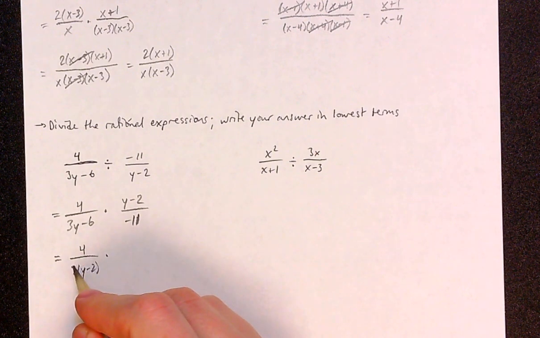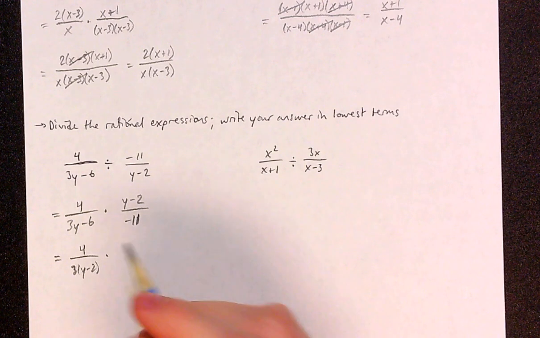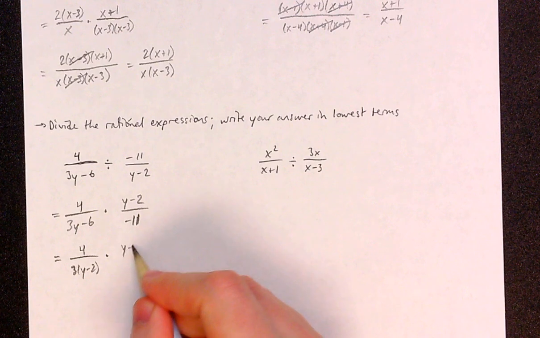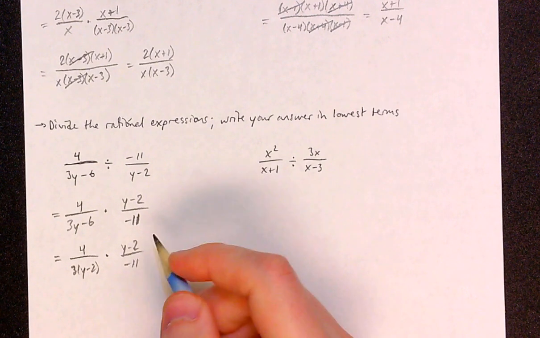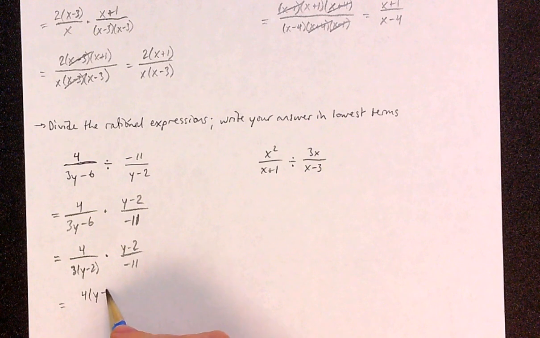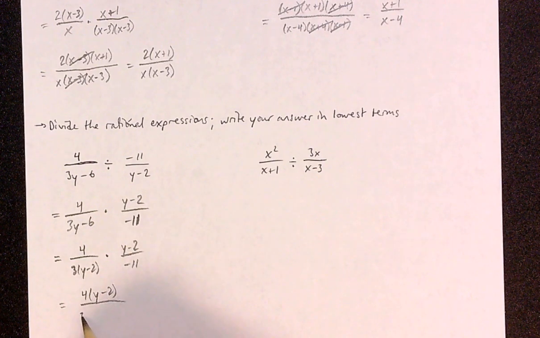So I have 4 divided by 3 times (y minus 2) times (y minus 2) divided by negative 11. So here I have 4 times (y minus 2) divided by the 3 times (y minus 2) times the negative 11.